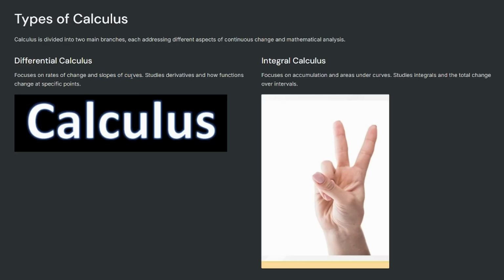We will calculate slopes using differential calculus. And integral calculus mainly focuses on areas under the curve and volumes of objects. It calculates basically the area under the curve. And differential calculus mainly calculates the slope of the curve. It can be a straight line or any curve.